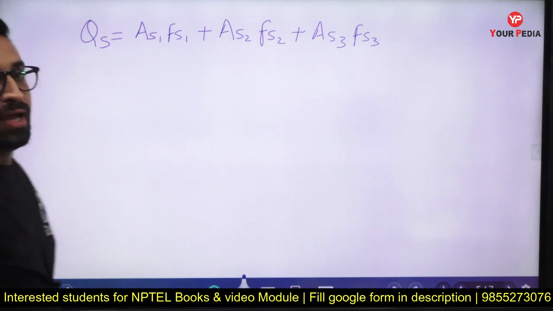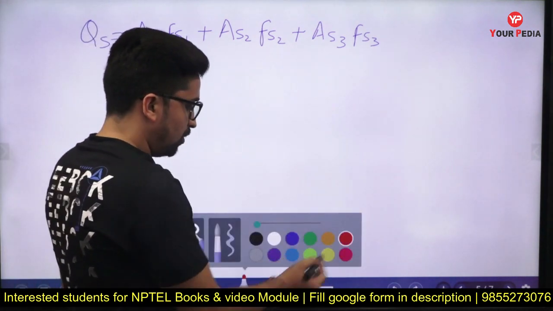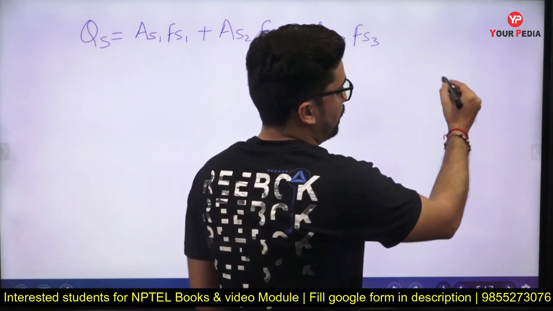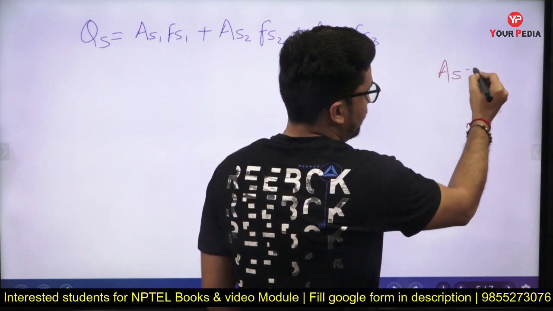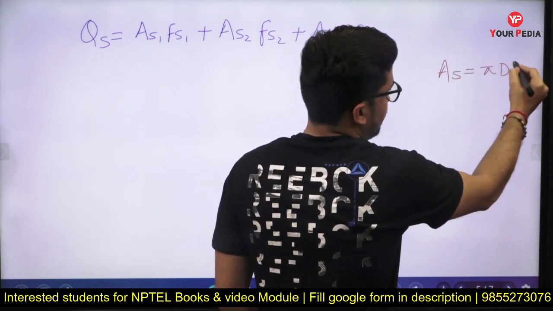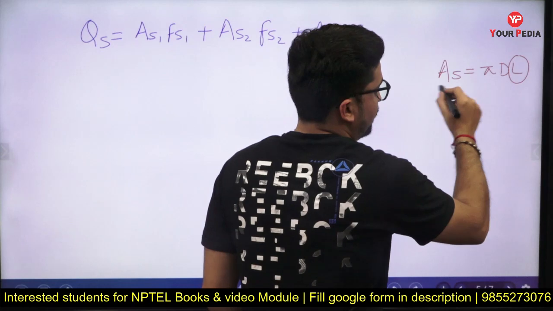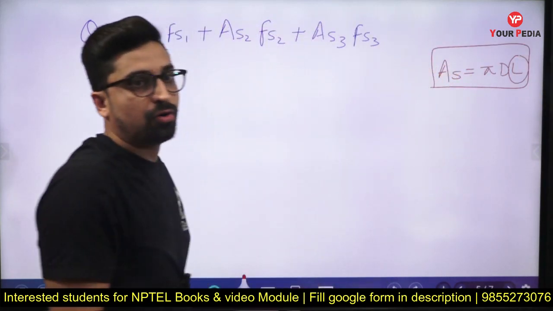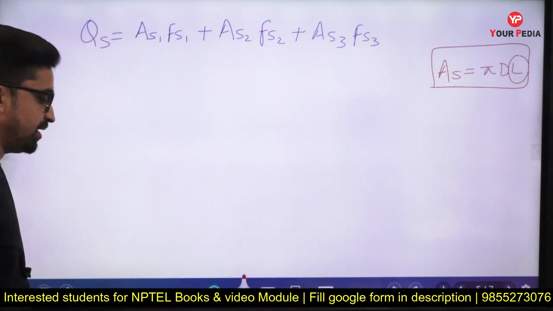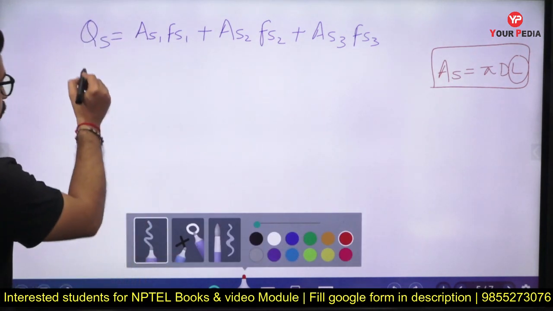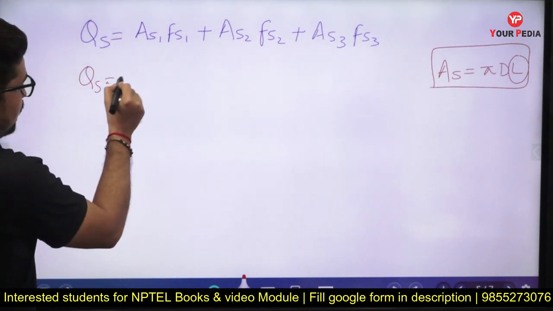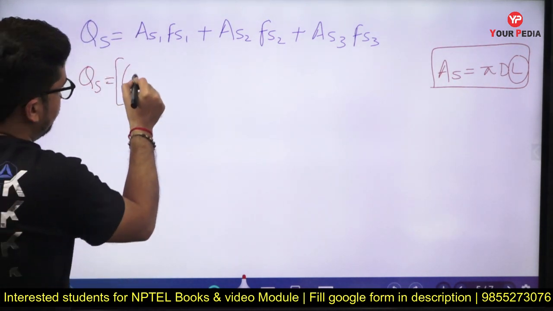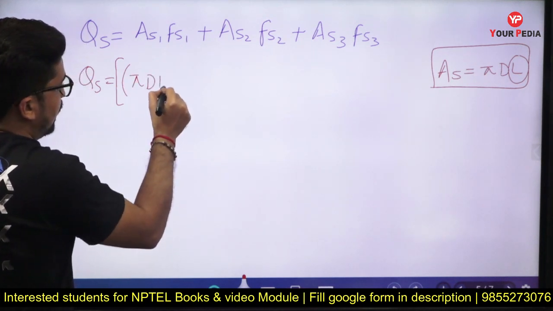And we know that the curved area of the pile, AS, will be equal to pi d L, where L will be the length of each region and pi d will remain constant because the diameter won't be changing.